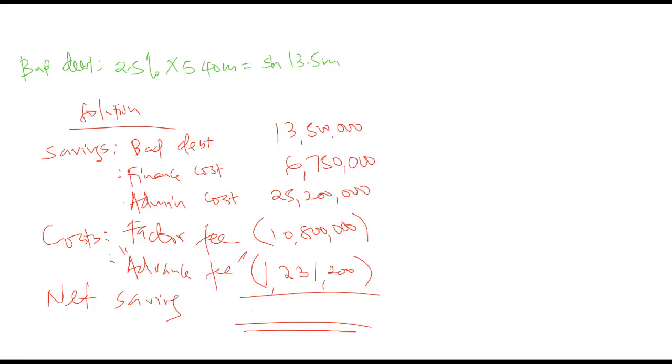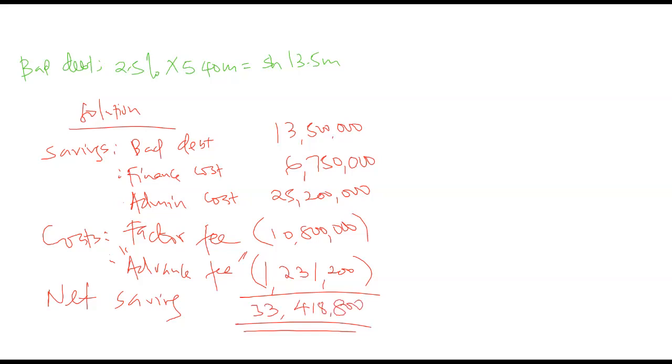Excuse me, sir, what's the admin cost? The admin cost we got is 25.2 million. Okay. The net saving is 33 million, 418,800.